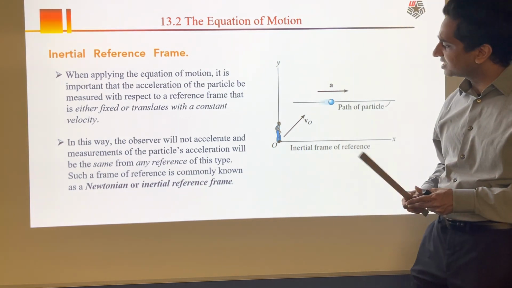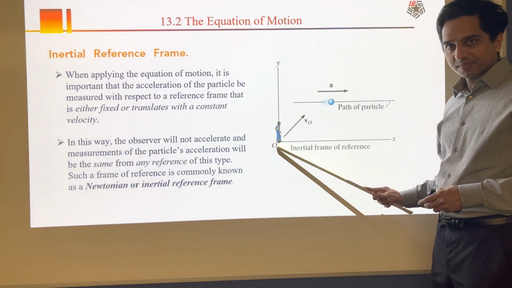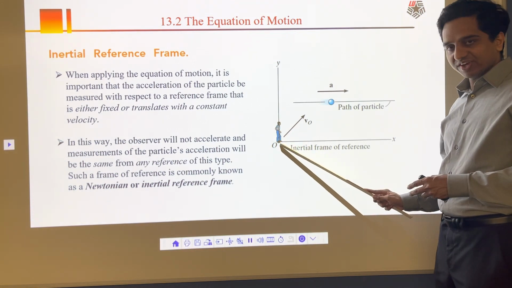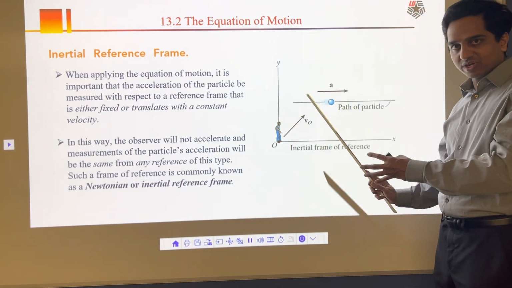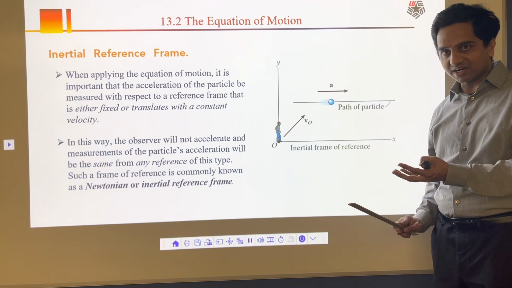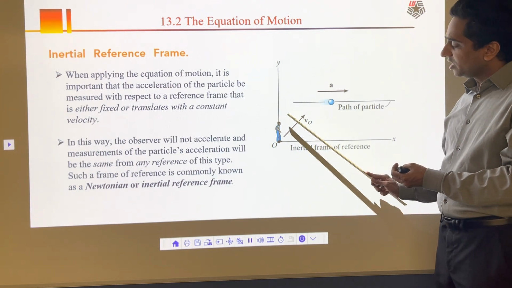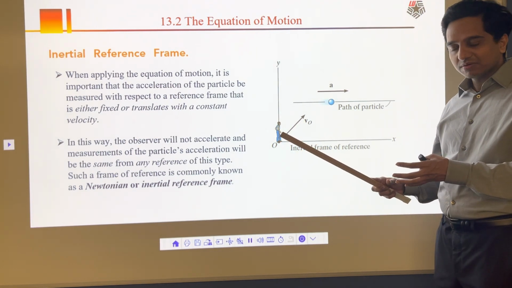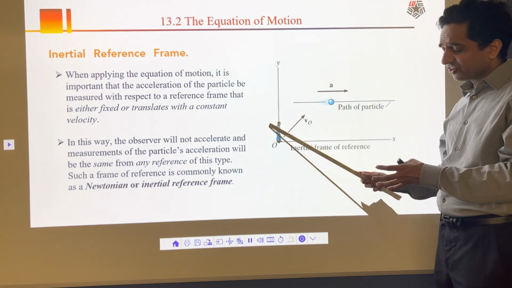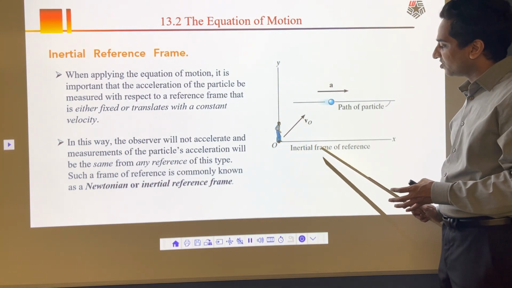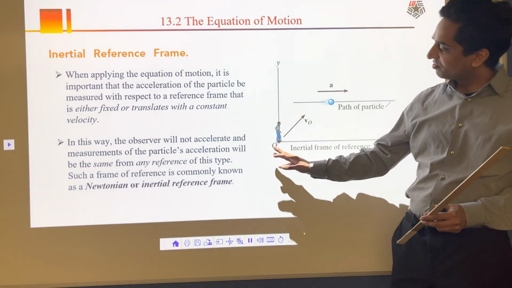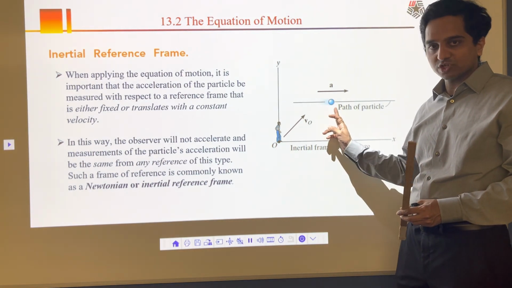What we do in this case is fix the observer, and with that observer fixed, we analyze the motion, the velocity and acceleration of any particle. When we fix the coordinate system or the observer, we call it an inertial frame of reference. It means my observer is fixed, and now I'm going to analyze the motion of a particle.